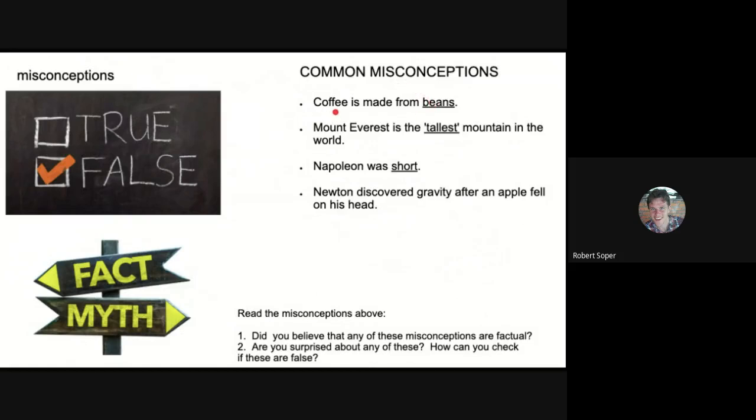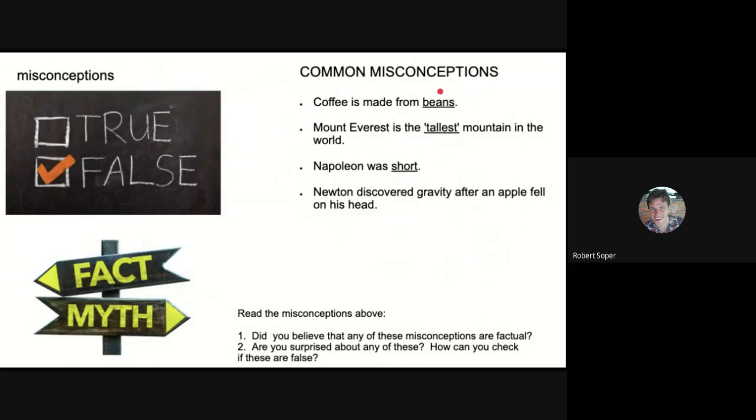Let's talk about the first one. Coffee is made from beans. Well, that's not actually true. Coffee is made from seeds. It just so happens that the seed is called the coffee bean.